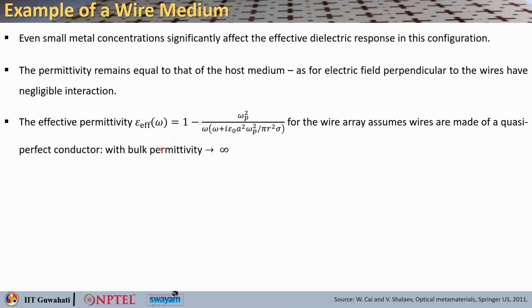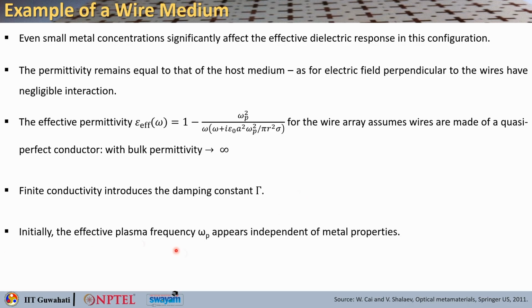So, the effective permittivity epsilon effective, you can write like this, okay, that is considered for the wire arrays, assumes that the wires are basically quasi perfect conductors, that means their permittivity is almost infinity. Okay. Now, the finite conductivity in the metal will give rise to the damping constant, okay, of the effective medium, while the effective plasma frequency at first appears to be independent of the metal properties, right.